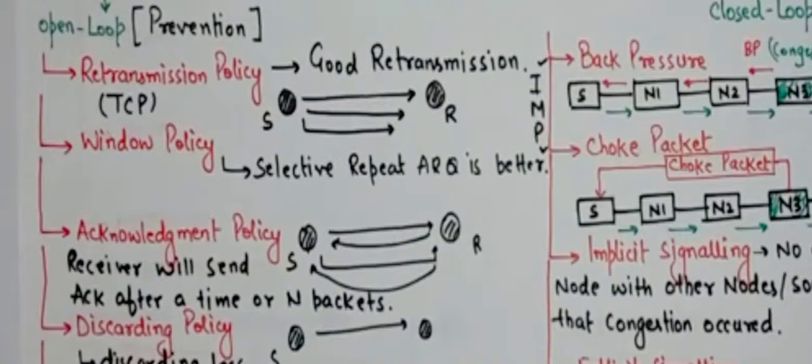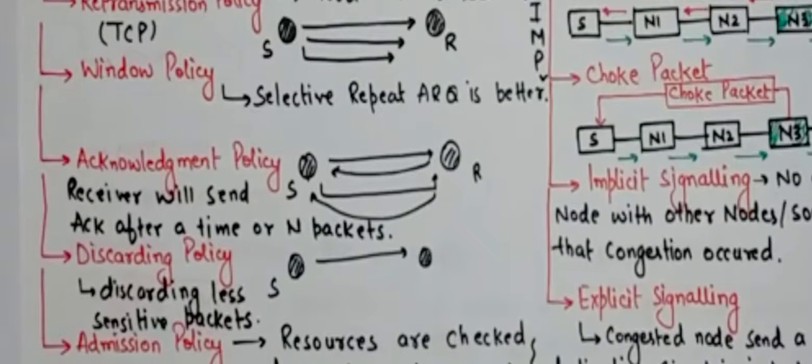Next one is acknowledgement policy. What is meant by acknowledgement policy? Here, the source sends a packet to the receiver and waits for the acknowledgement. Once the acknowledgement is received, then I send the next packet.